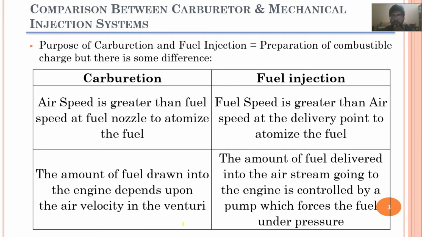In carburation, the fuel was atomizing because the air speed is greater, but in the fuel injector, the fuel is atomizing since the fuel speed is greater. This is the main difference between carburetors and fuel injection systems.